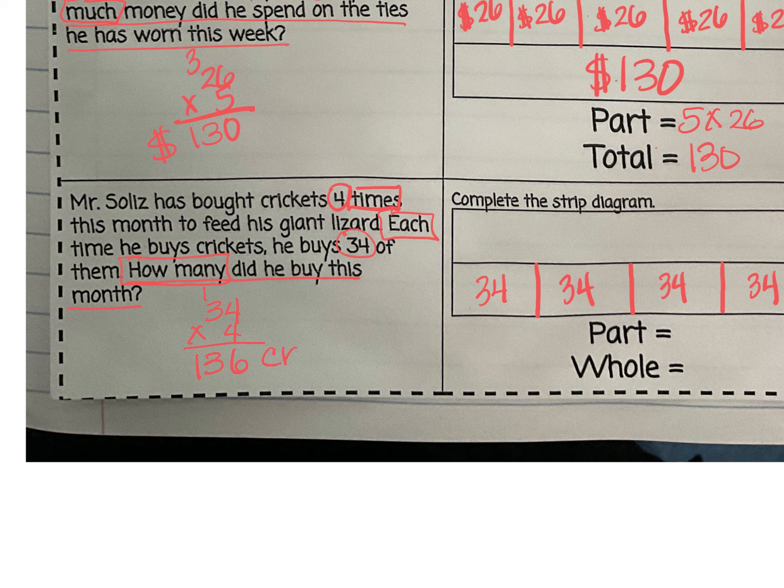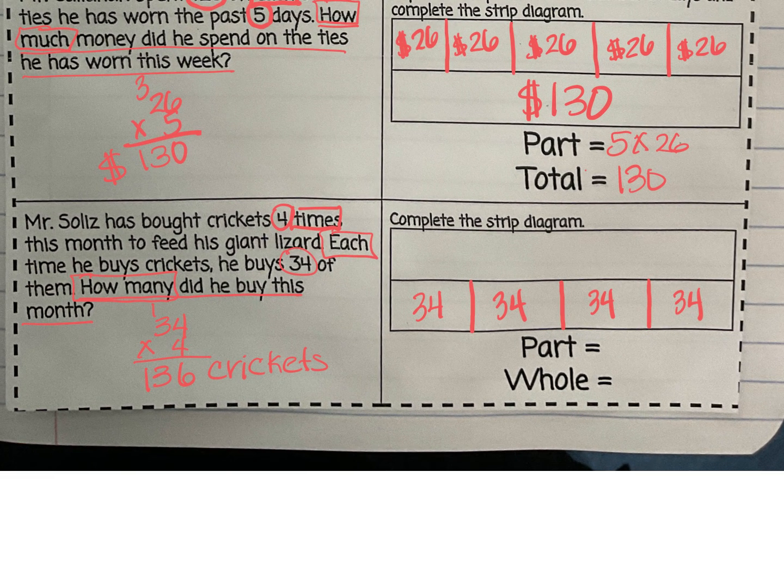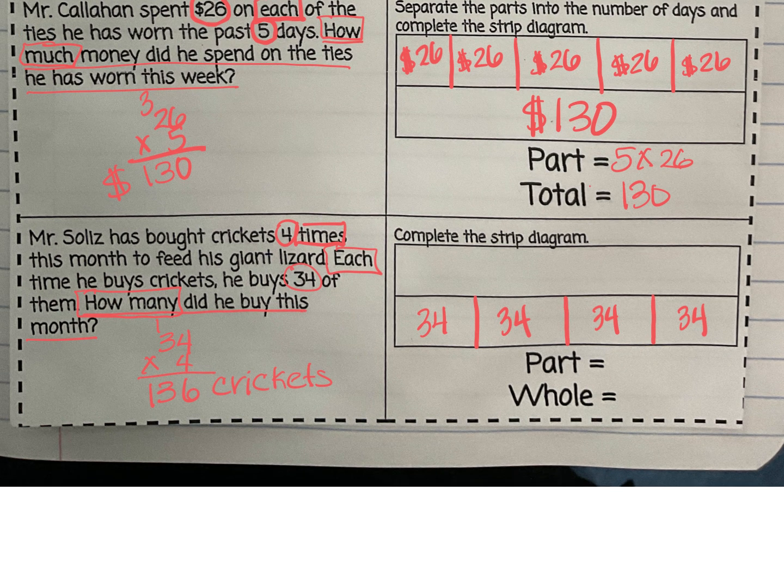So he bought 136 crickets. Okay, the part was 4 trips to the store, 34 crickets each. The whole was 136.